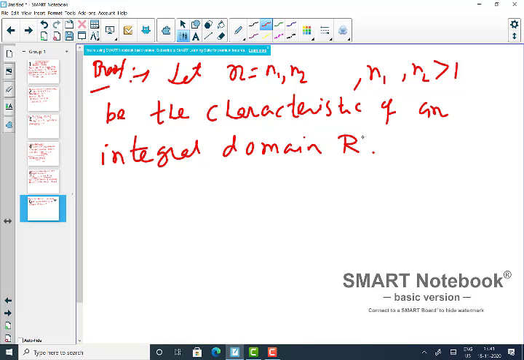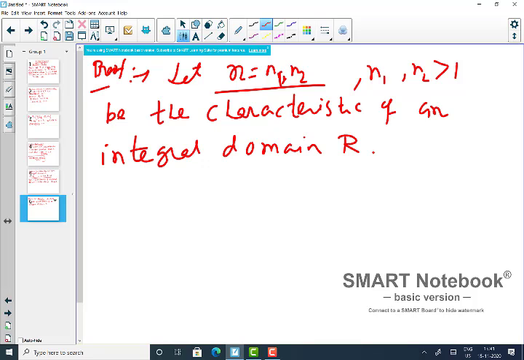Okay, so what does that mean? So if n equal to n1 into n2, I am writing it as a product of two prime numbers, or rather two sub numbers. So I don't know whatever.